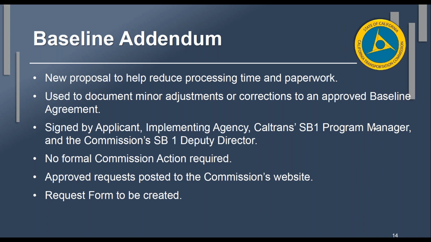A baseline addendum is what we're considering, for lack of a better way of saying it, like a soft process by which the deputy director of SB1 programming, which is currently myself, as well as the program manager for SB1 at Caltrans, which is currently Angel Pyle, can agree to include additional information into the baseline agreement packet and it's typically going to be based on a commission approved action.